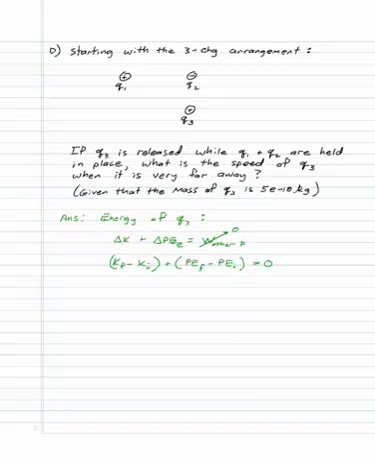The kinetic energy starts at rest and then it gets really far away and moves at some speed. So it has a final kinetic energy, but not an initial one, because initially the speed is 0.